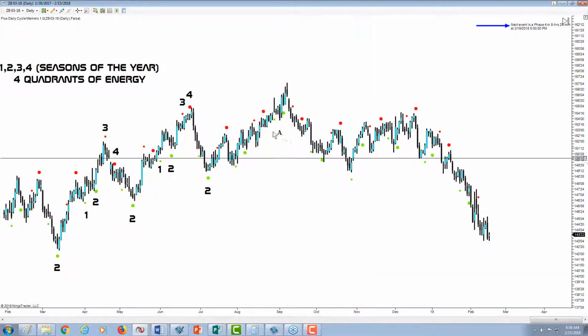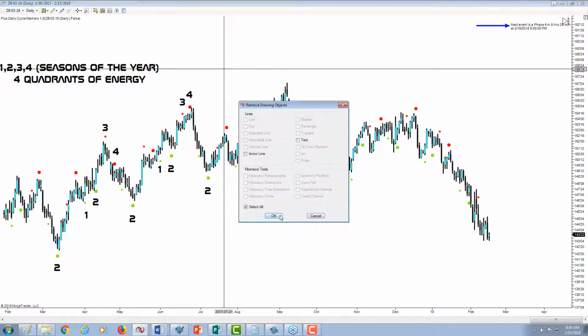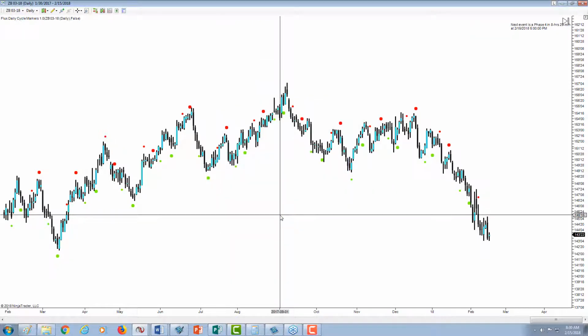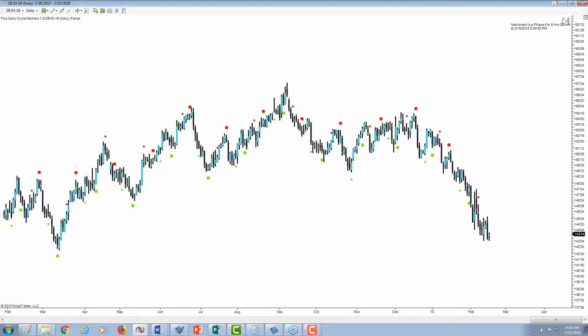Okay. Now, when we look at this chart, there are some assumptions we can make about behavioral expectancy. Based on past predictions, past energy cycles, past iterations of these patterns, what are we generally expecting when we see certain colors, right?